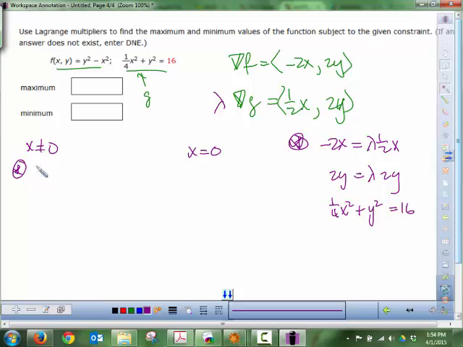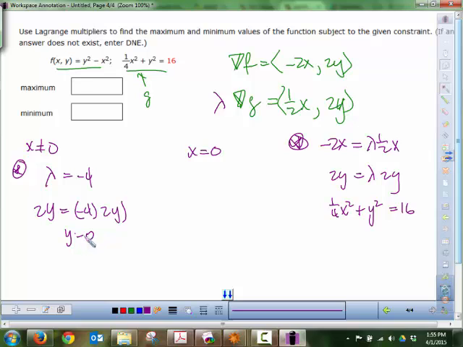my equation would be lambda is equal to, the x's would go away, the 1/2 would be a 2, lambda is equal to negative 4. And I'll put that into the second equation, 2y is equal to negative 4 times 2y. Is this going to do anything for me? y is equal to 0.